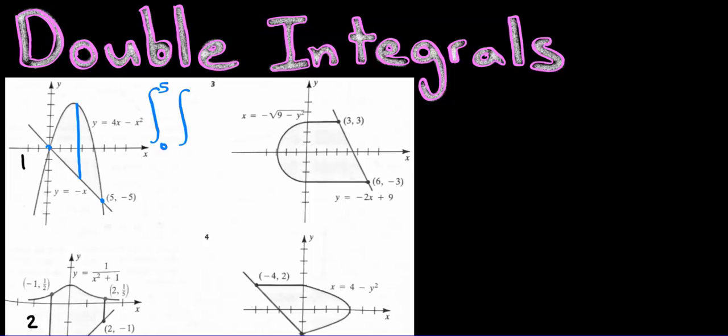And for each of those values of x between 0 and 5, I'm going to add up this stack of rectangles starting down here at negative x and going all the way up to 4x minus x squared. See? I'm starting here and going all the way up to here for whatever value of x I choose. So that's the y's.